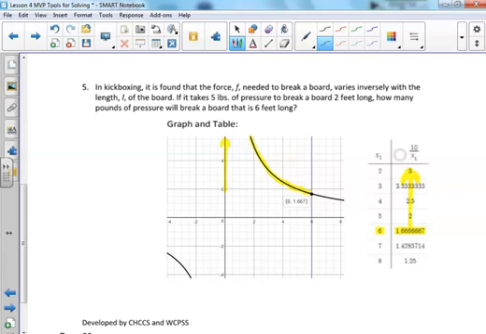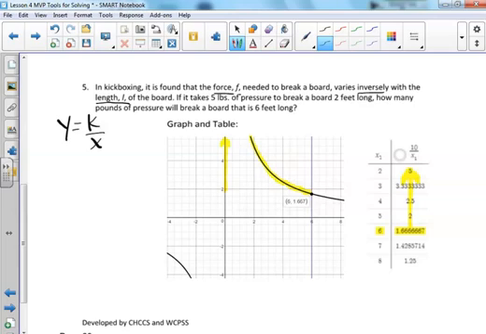We are told that in kickboxing, it is found that the force, F, needed to break a board varies inversely with the length of the board. Recall that an inverse function is in the form y equals k divided by x, where k is called our constant of variation.